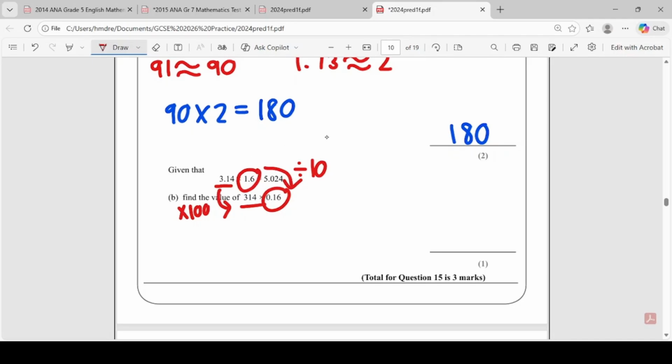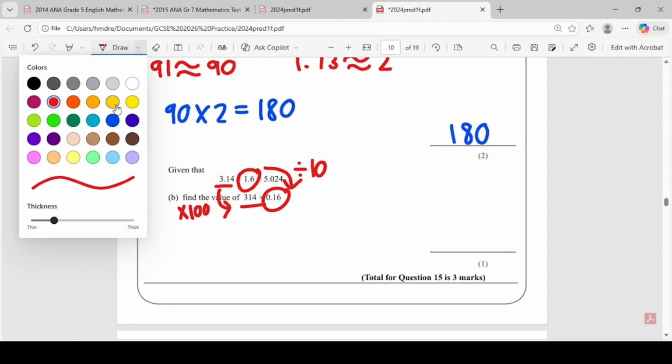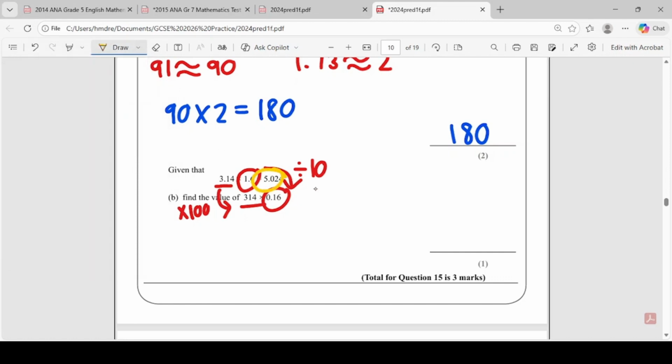And so what we can actually do, it feels strange, but they have given us this answer here, this 5.024. They want you to use that and they want you to just manipulate it. So we are just going to times it by 100 and divide it by 10, because that's really straightforward to do. If we times it by 100, that means we move the decimal place 2.